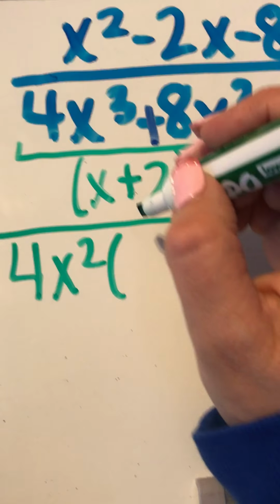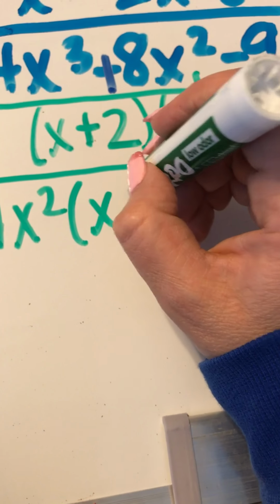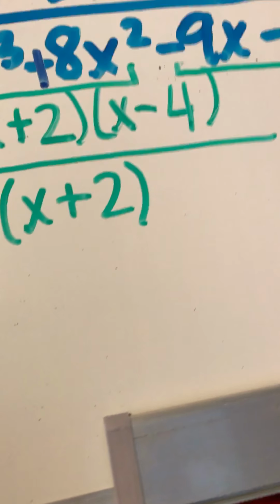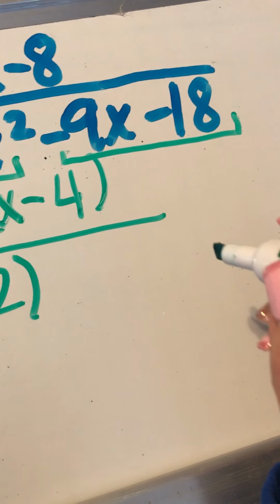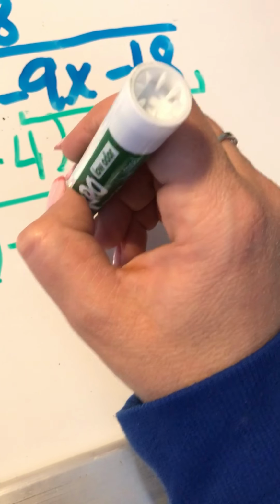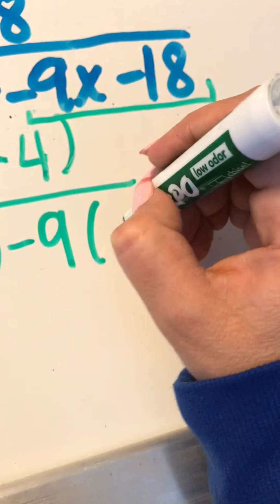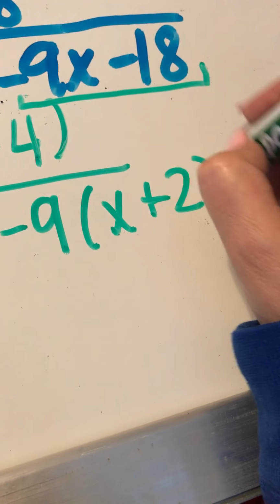And then inside the parentheses, what I have left is x plus 2. Now I come over here to my second 2 terms. I'm going to take out a -9 as a greatest common factor. And I have left x plus 2.